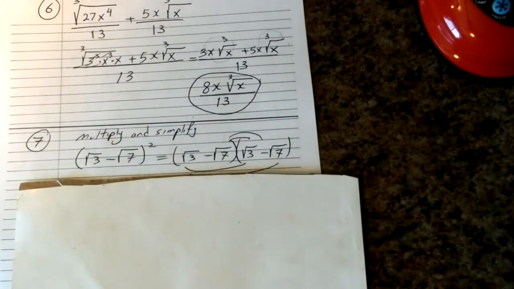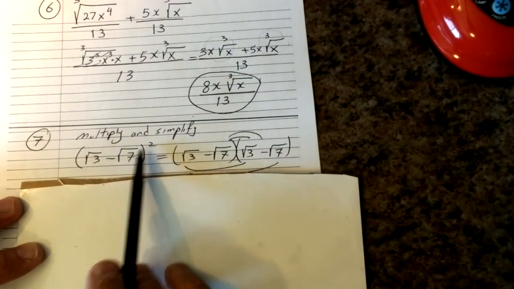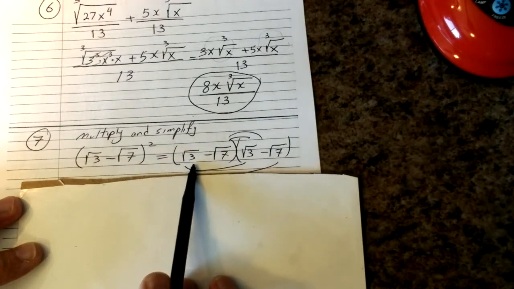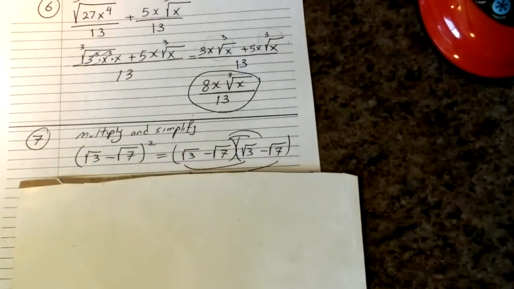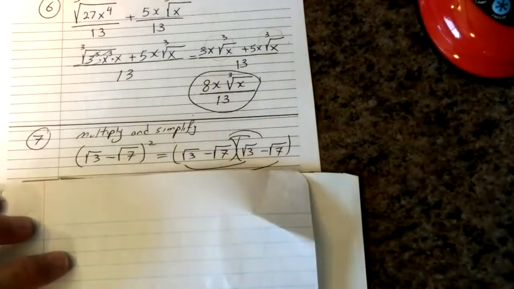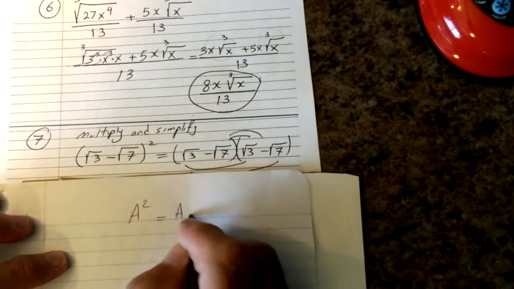Now this is multiplication. When you see something to the power of 2, instead of to the power of 2, you could write it as this parenthesis multiplied by itself. It's the same thing, right? So what if you have a to the power of 2, you could write it as a times a.